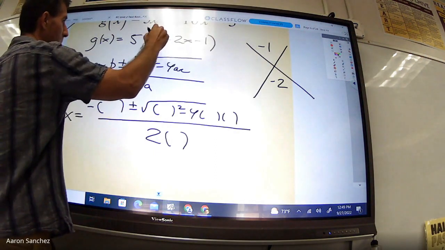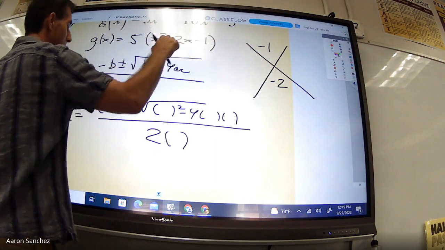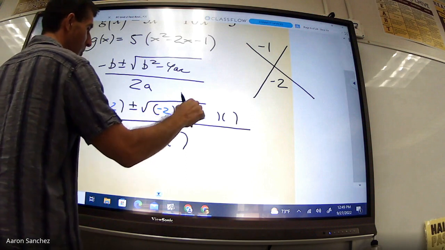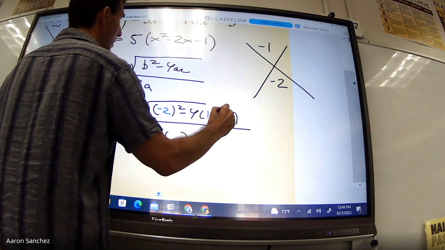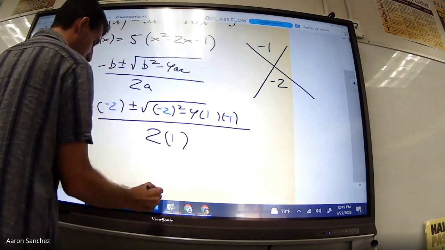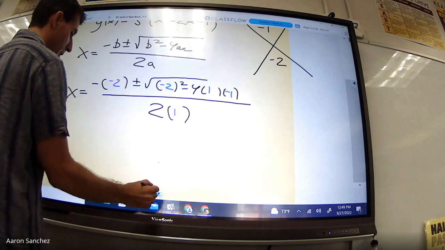Okay, so I'm doing this one. So this is my A, B, and C. Negative negative 2 is plus 2, plus 2, plus or minus square root of negative 2 squared minus 4 times A times C, all over 2A. Keep simplifying.